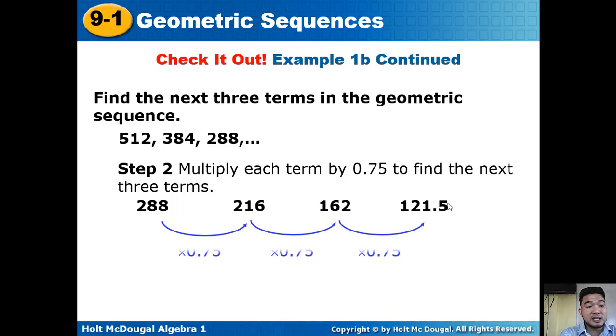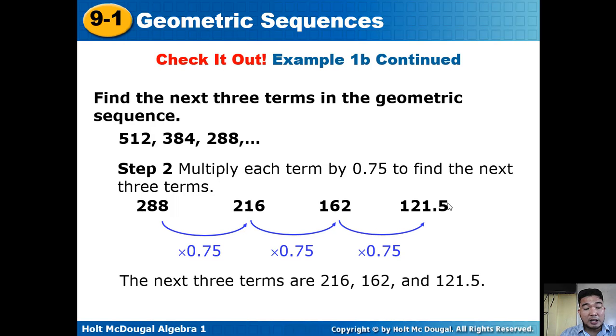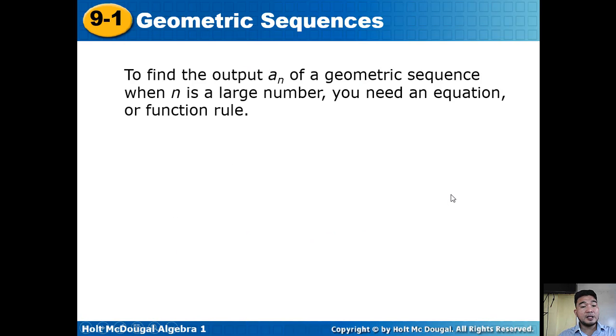And then 162 times 0.75 is equal to 121.5. So that means that the next three terms of the geometric sequence are 216, 162, and 121.5.